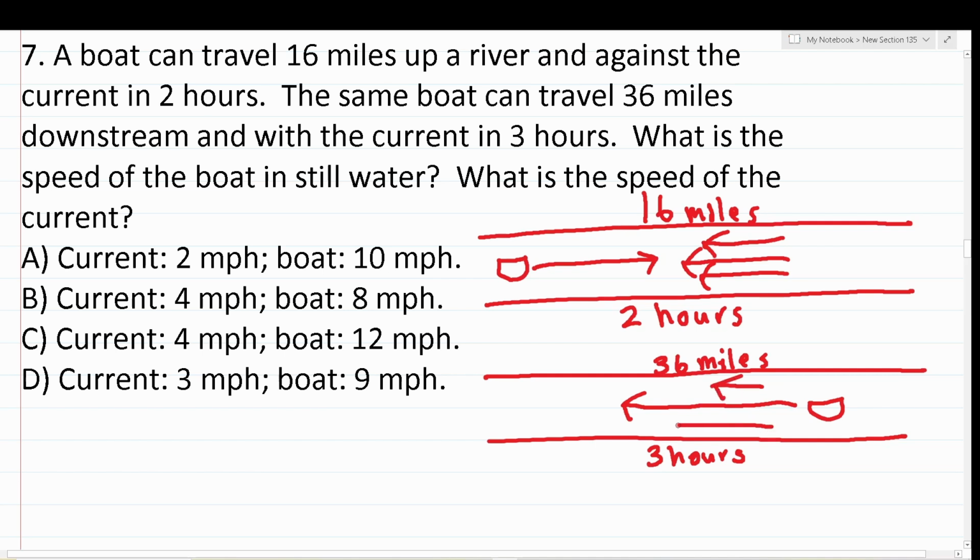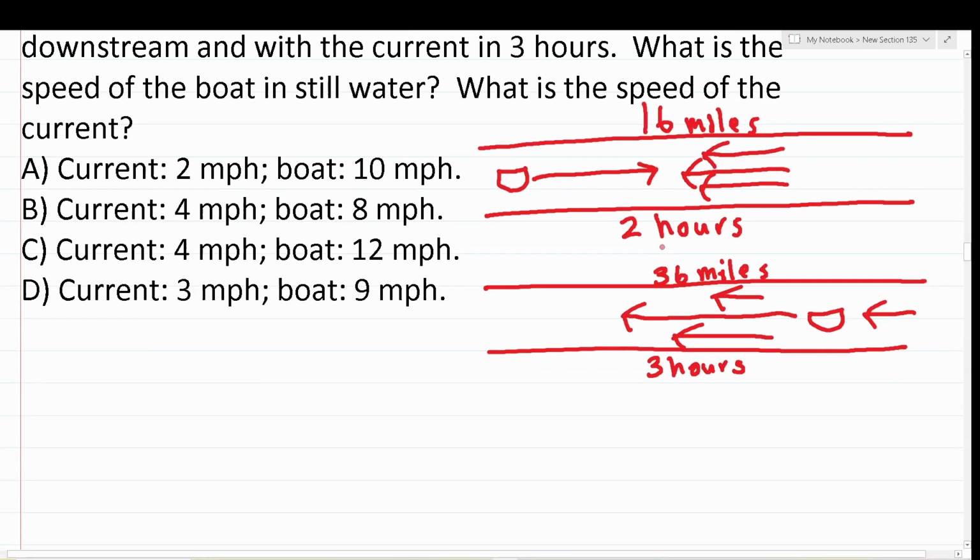And as a matter of fact, that means the current is actually pushing on the boat to speed it up. Clearly, it covered a lot more distance in 3 hours with the current than it covered going against the current. All right, so now we have to figure out what the speed of the boat is in still water and what the speed of the current is.